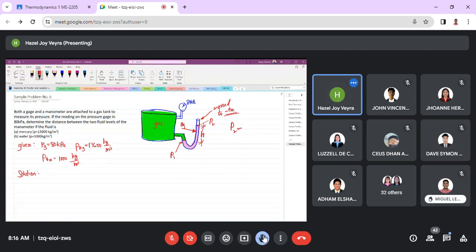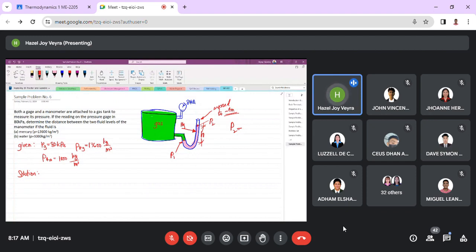Yes, that's correct. 1 atm or the atmospheric pressure is 101.325 kilopascal. But in this problem, we will consider everything to be in gauge pressure. So tama, the pressure here in terms of atmosphere, if we're talking about the atmospheric pressure, it's 101.325. However, what's the equivalent gauge pressure at this point?